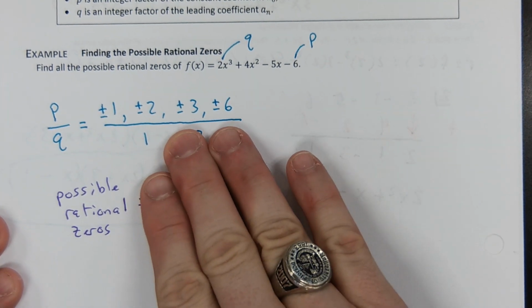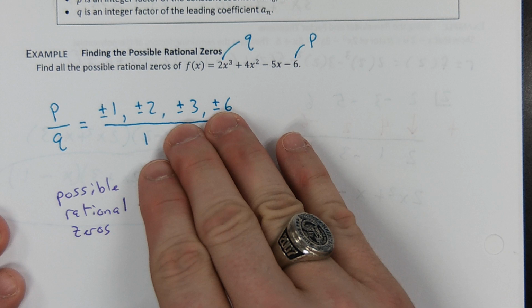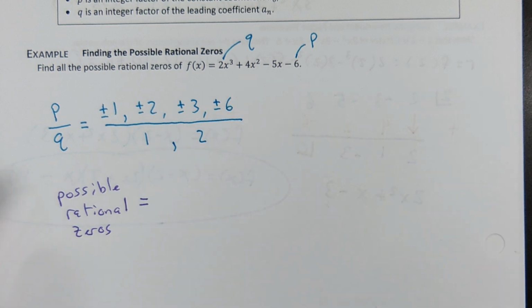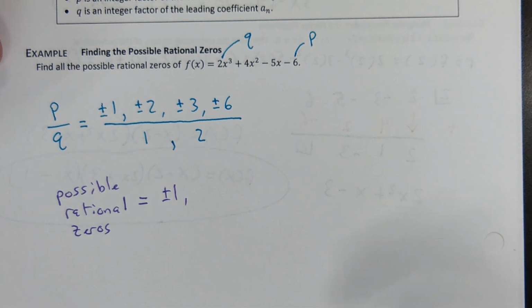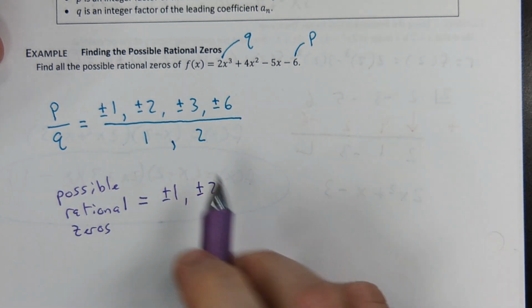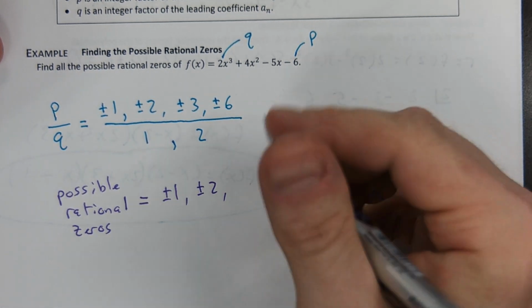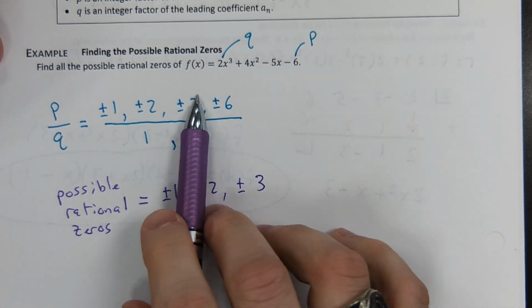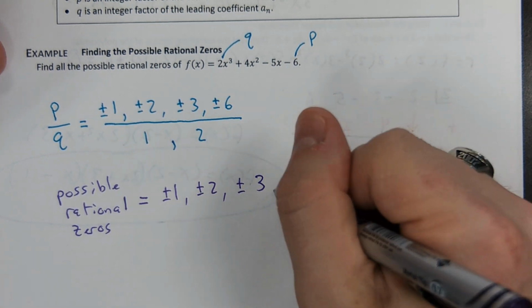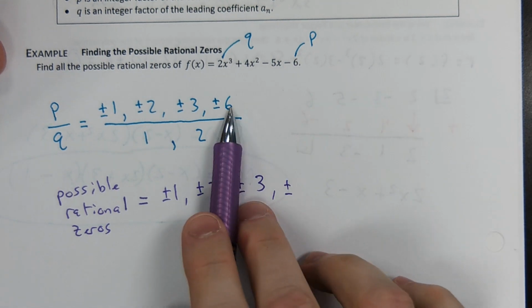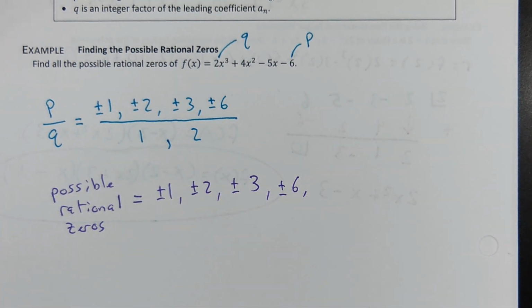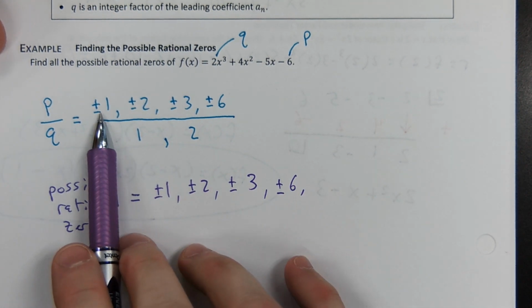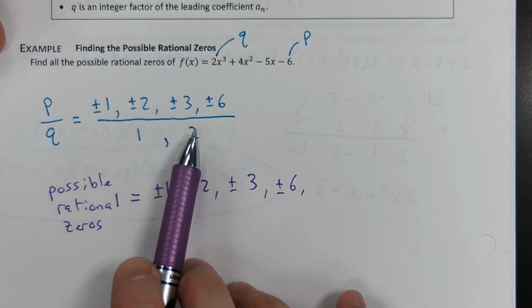So first, all of those numbers divided by 1. So that gives us plus or minus 1 divided by 1. Plus or minus 2 divided by 1. Plus or minus 3 divided by 1. Plus or minus 6 divided by 1. Then, plus or minus 1 divided by 2.